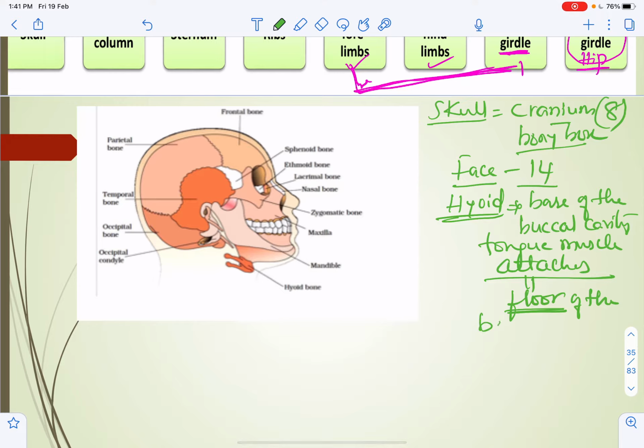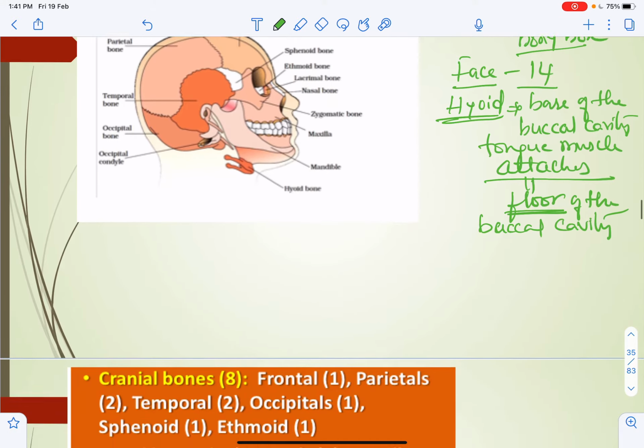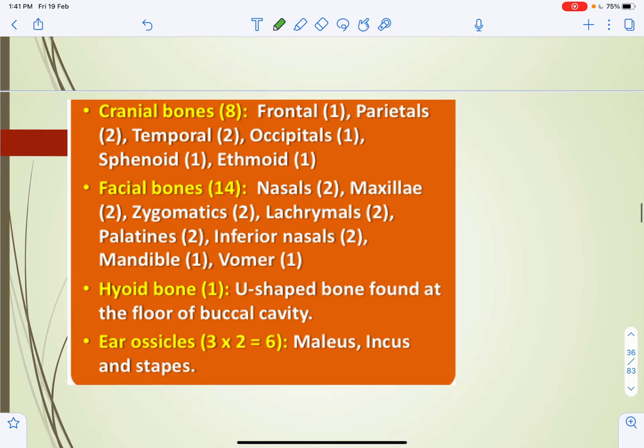We know that the roof is mainly formed by the palatine bone.